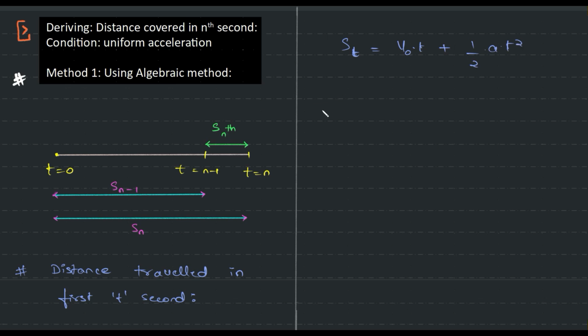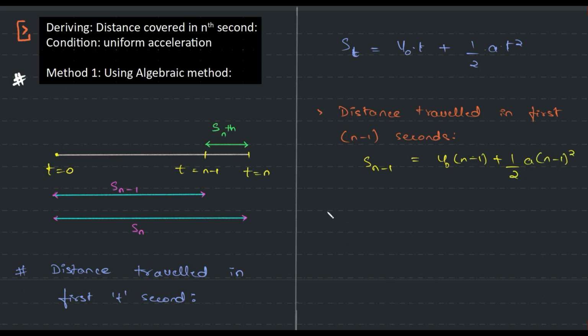Now we'll go case by case. This is what I was talking about. Distance traveled in first n minus 1 seconds. So this will be Sn minus 1 equals v naught t plus half, oh sorry, in place of t, we are putting n minus 1: v naught into n minus 1 plus half a n minus 1 square.